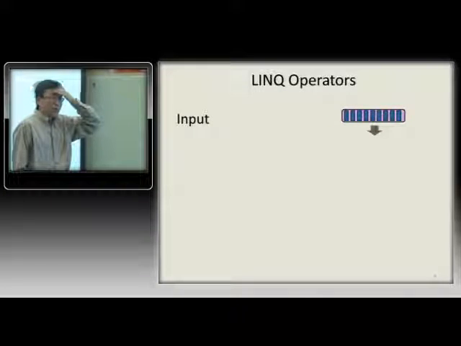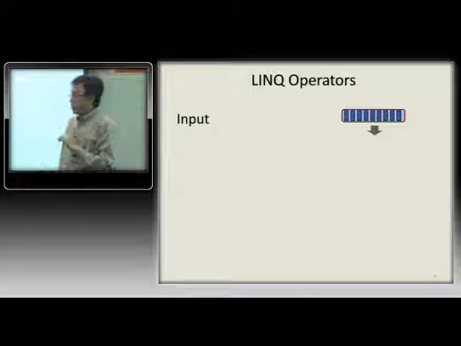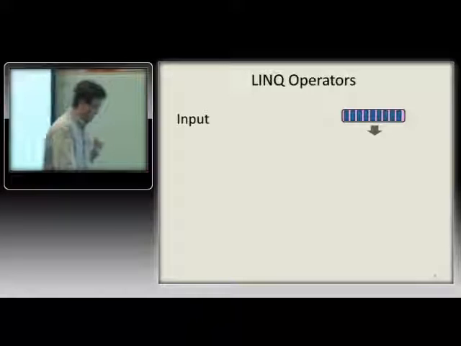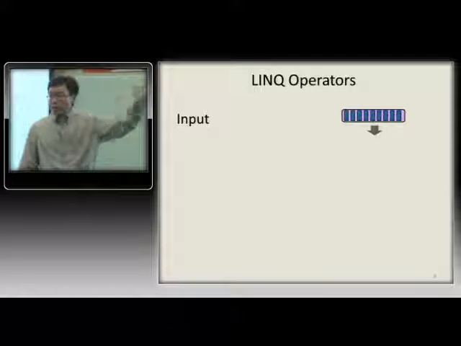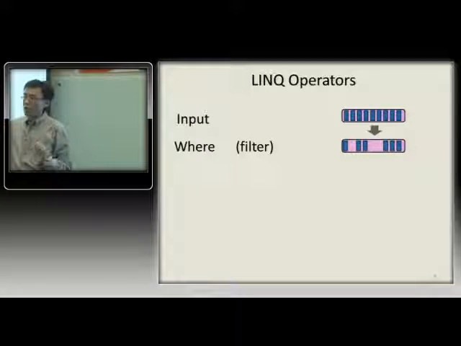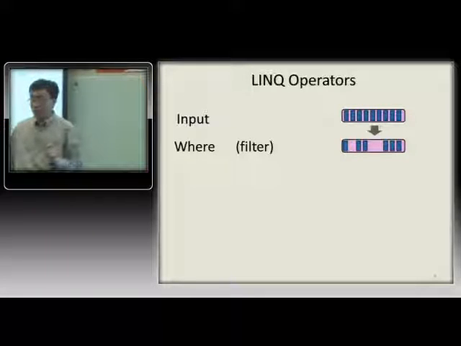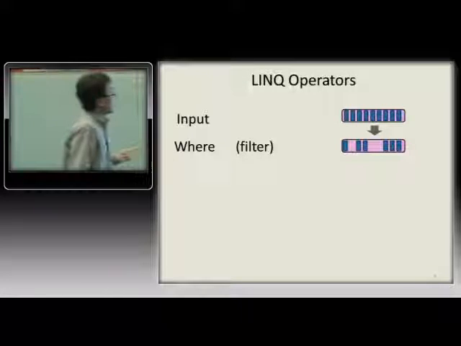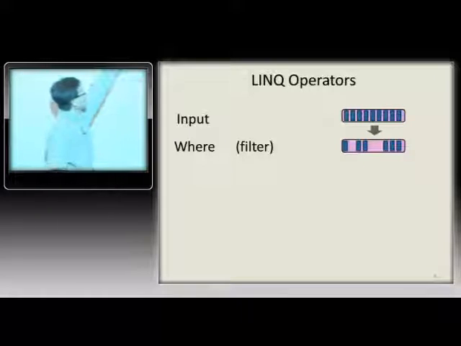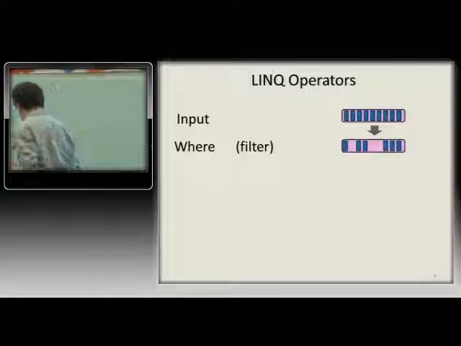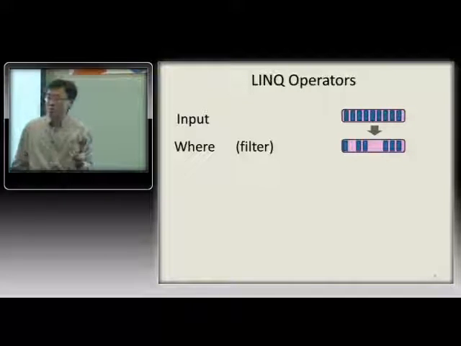Let me first give you a very basic summary of the LINQ operators. The input is a collection. The first type of operator we call where, which is a filter: we take the input collection and only return a subset of its elements based on some condition.